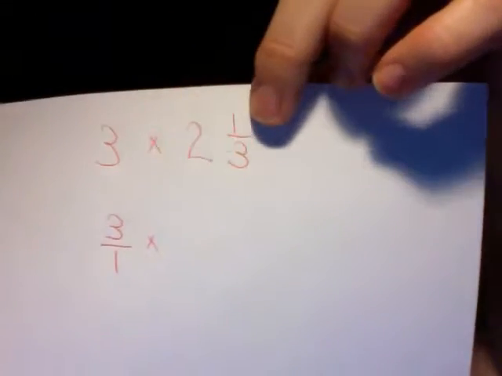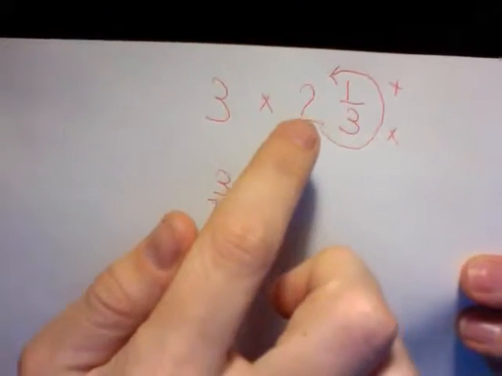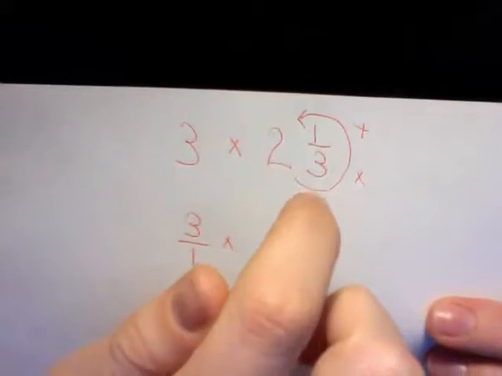So I'm going to rewrite that as 3/1. And because 2 and 1/3 is a mixed number, I'm going to MAD face. So 3 times 2, hopefully you're writing this down.